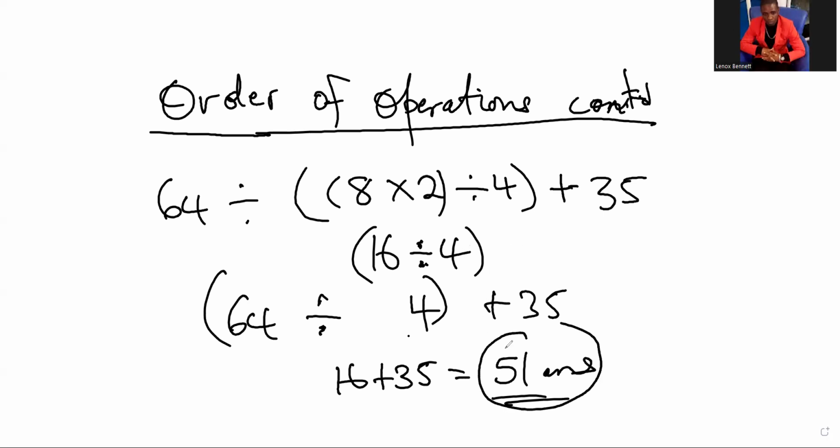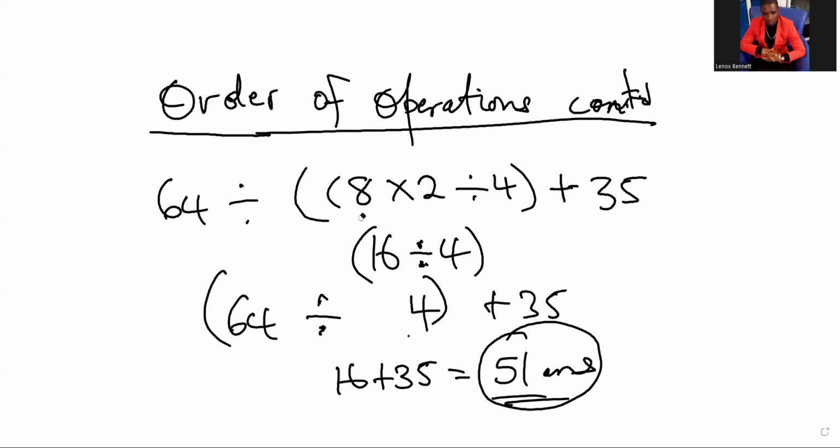Thank you so much. So, guys, just to reinforce it because we have a few new persons. 64 divided by bracket 8 times 2 divided by 4. Just like what she said, we have to address the bracket first. So the bracket comes before any operation. And of course, she also said that you multiply first because it's on the left.